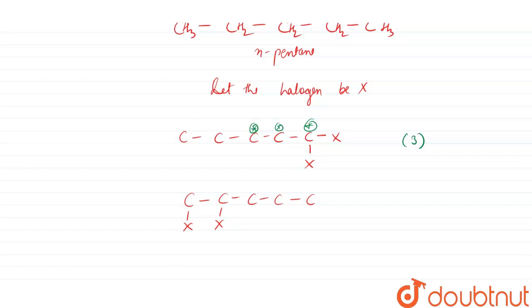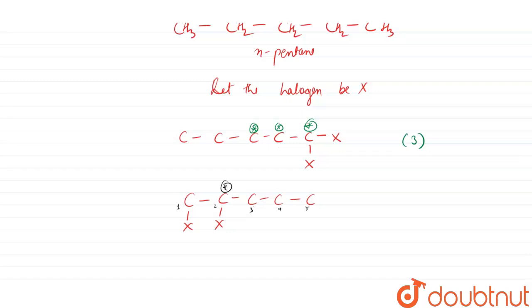Now can I attach both the halogen atoms on second and third position? That means one more structure. Let us say this is 1, 2, 3, 4 and 5. If I attach the halogen atoms on 1 and 2 position, or if I attach them at the other end, then numbering will start from there, and it will be the same, that is the halogen atoms are attached on 1 and 2 carbon.